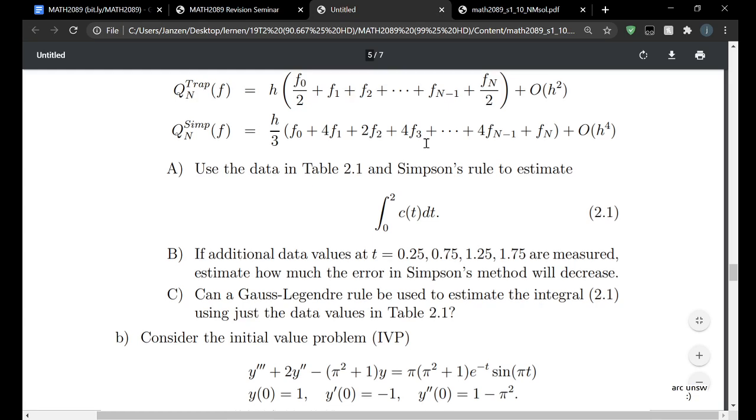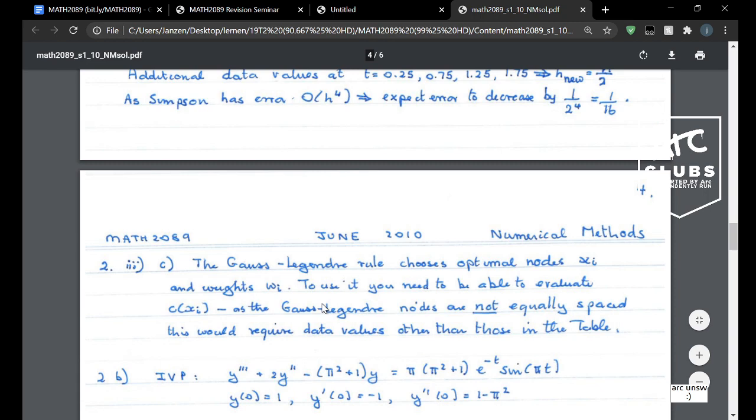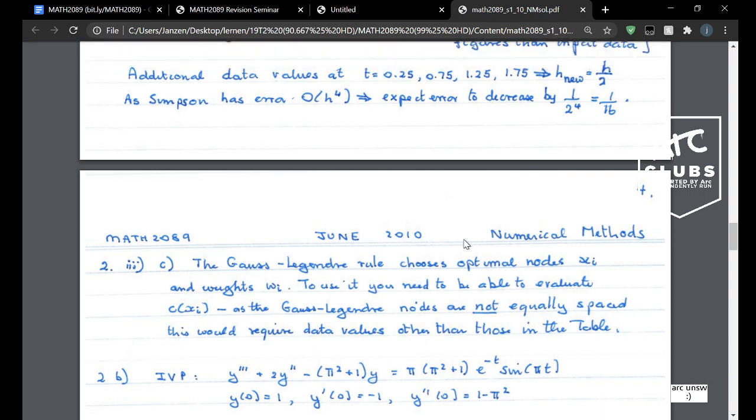Can a Gauss-Legendre rule be used to estimate the integral using just the data values in table 2.1? The data points are not equally spaced, so this would require other data values. The Gauss-Legendre rule chooses optimal nodes and the corresponding weights.